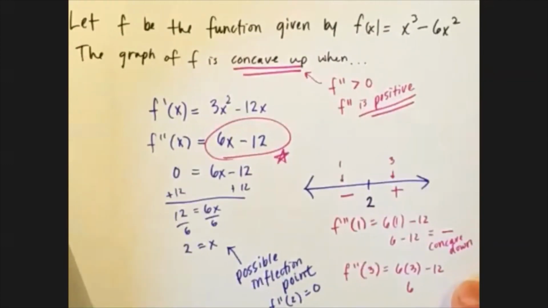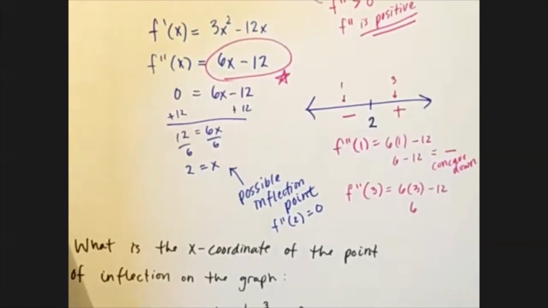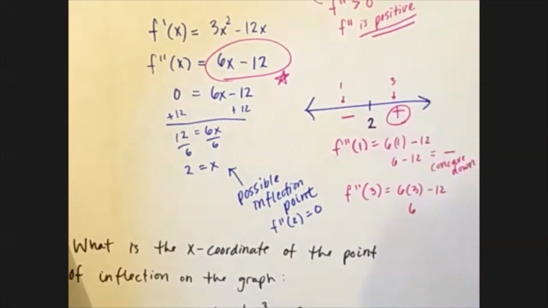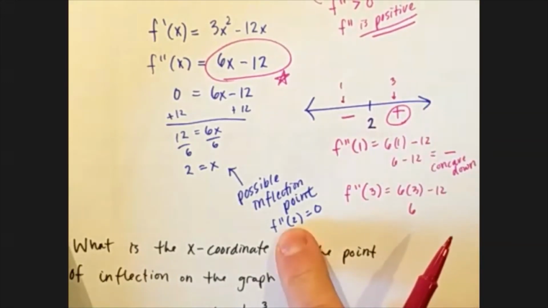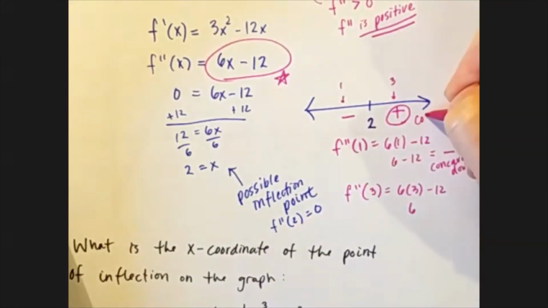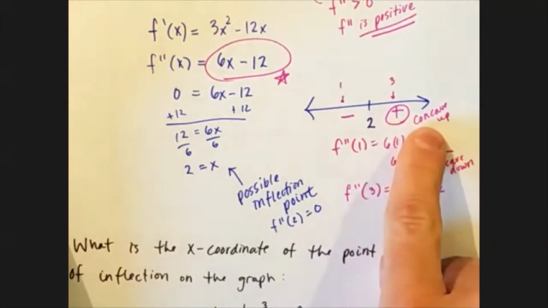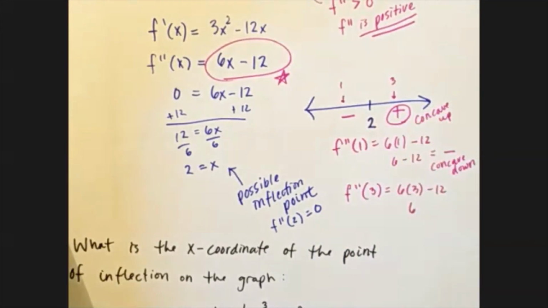But let's go back to what the question was asking us. They want to know when the graph of f is concave up. Do we have that information now? Yeah, since we've taken the second derivative that tells us concavity. How would I write that? Anything to the right of 2 would be concave up.